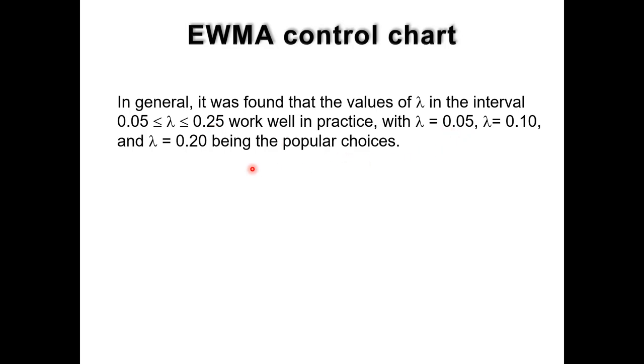The more popular choices would be lambda equals 0.05, lambda equals 0.1, and lambda equals 0.2. These three are the more common values of lambda used for the EWMA control chart.